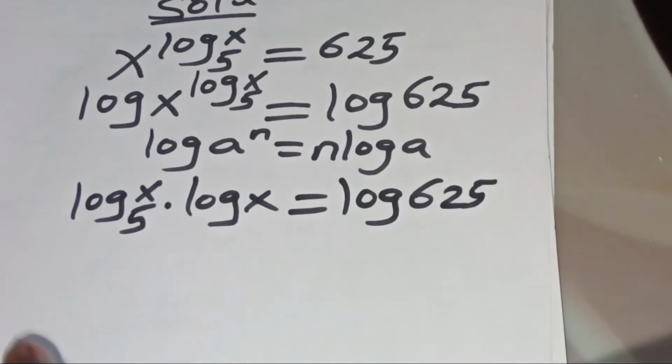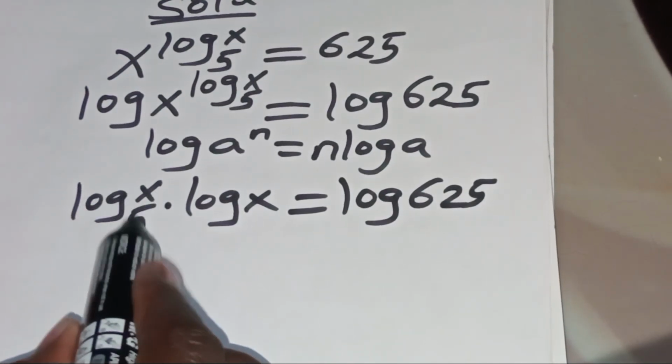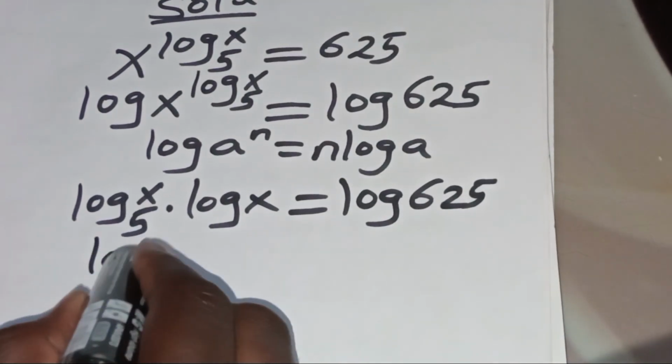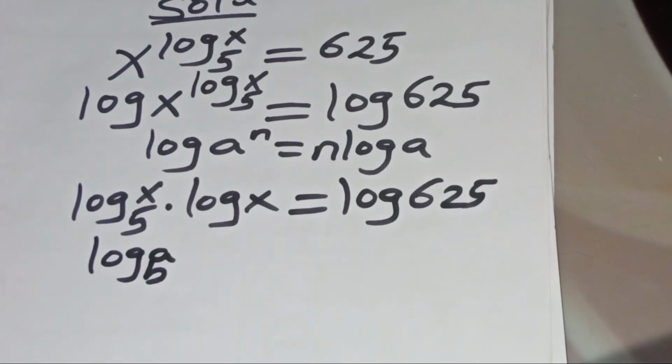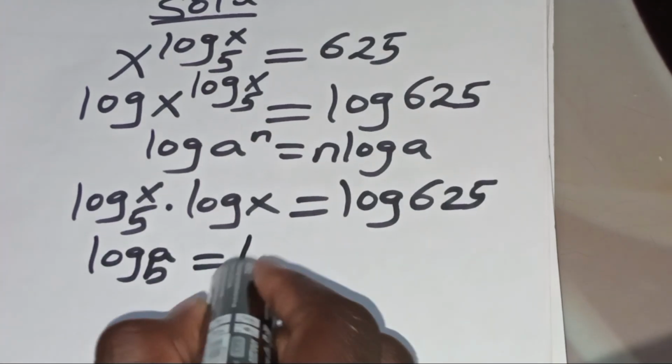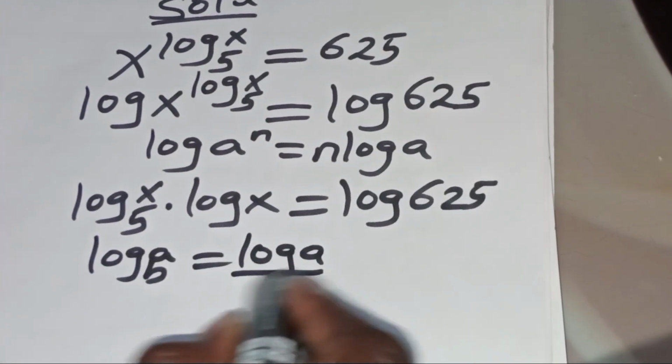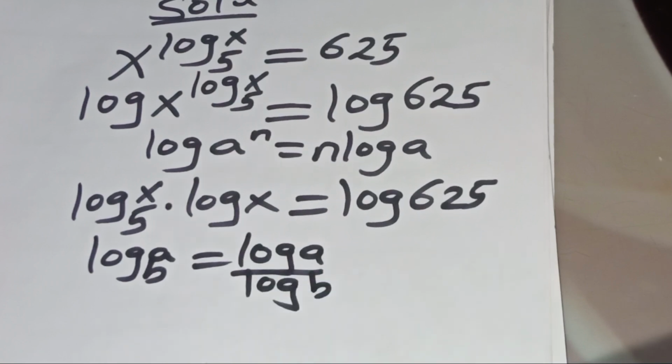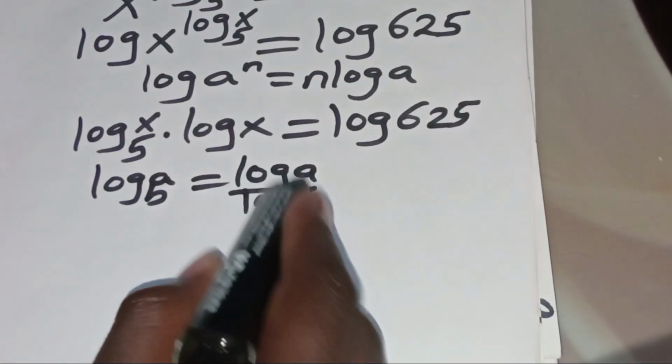Now log x to base 5 is in the form of log a to base b, which we can express as log a divided by log b. So let's apply this property.